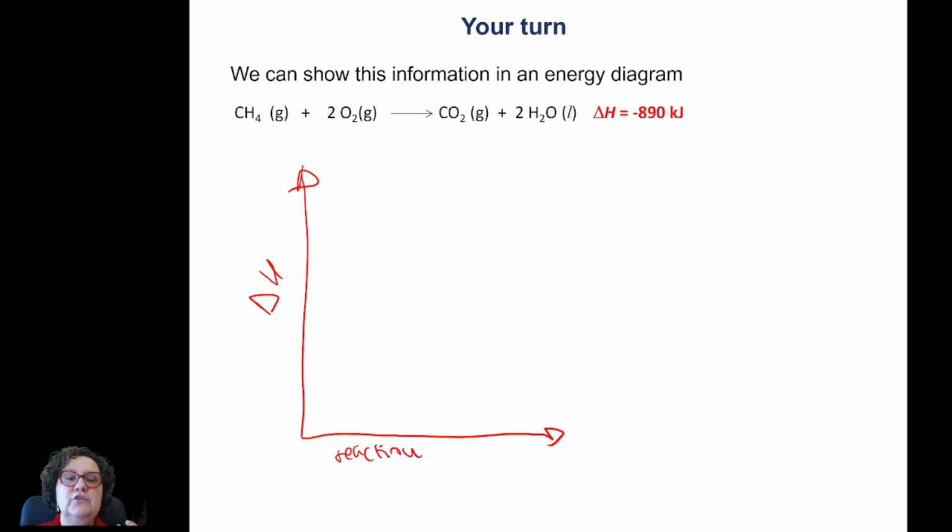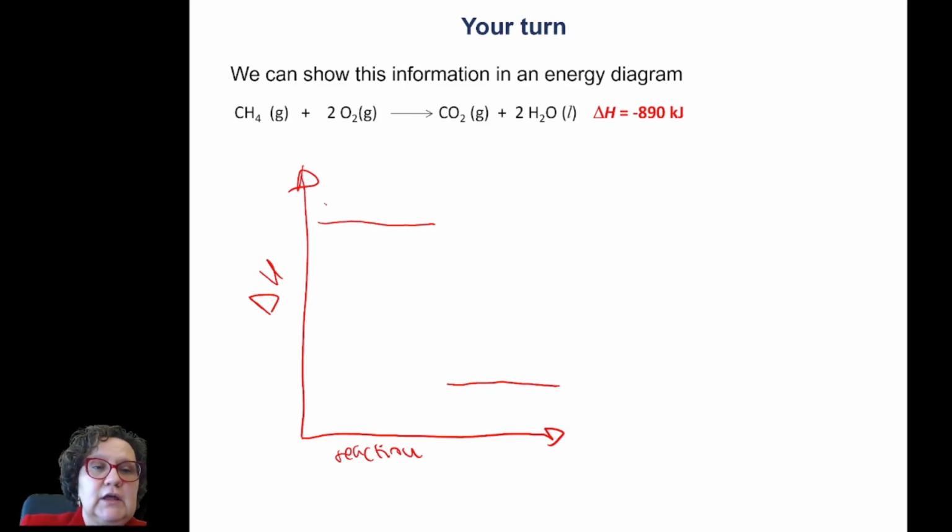That means that the reagents have enough energy to make the products, and a spare amount that they release to the surroundings. That means that the reagents are going to be higher than the products, and that gap between the reagents and the products is my 890 kilojoules.